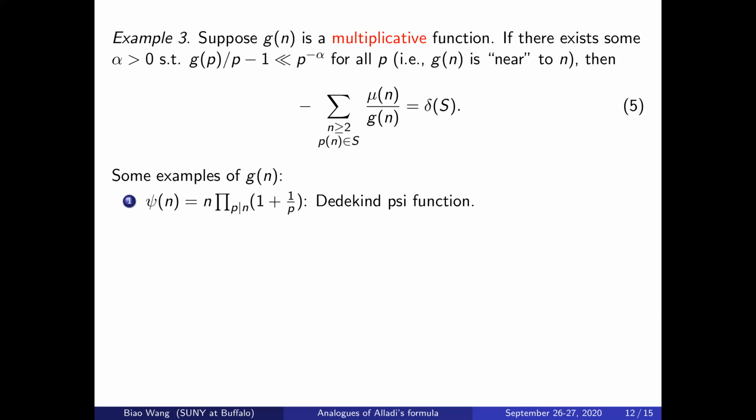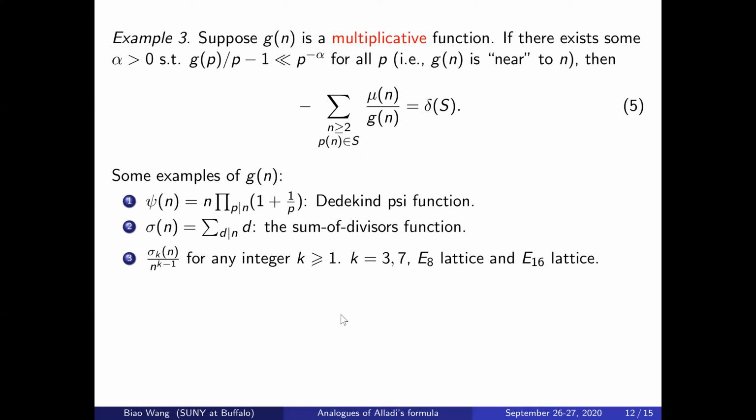Here are some examples for g of n. You can take g of n to be the Dedekind psi function, the sum of divisors function, and the following normalized sum of divisors function of power k.